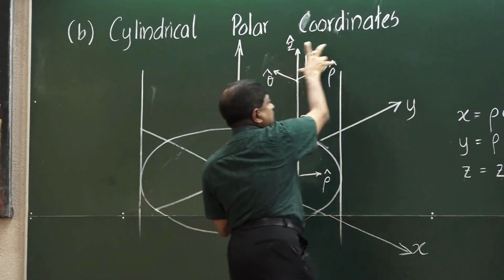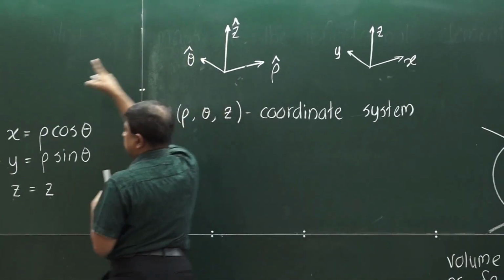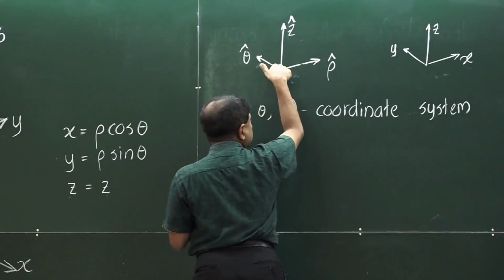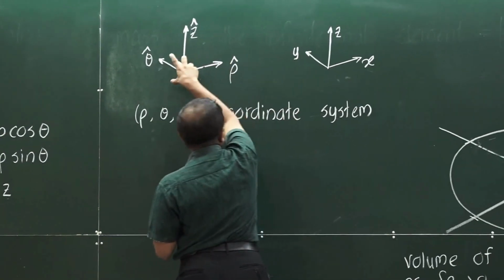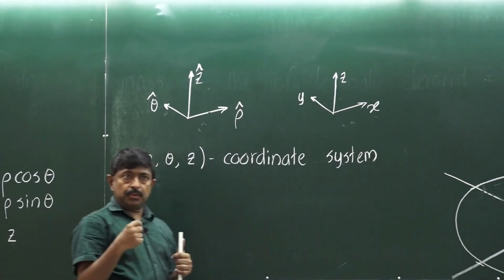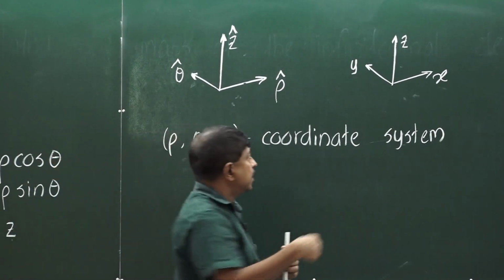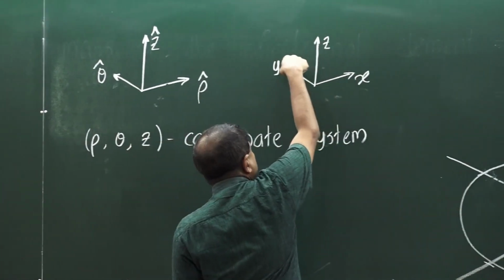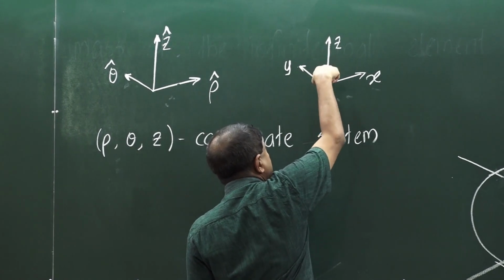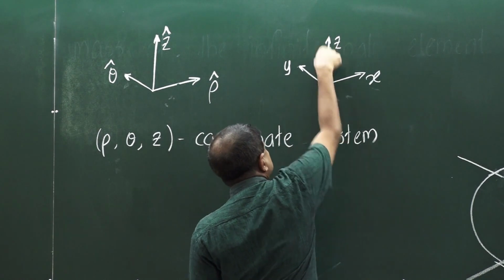Now, if you write the same diagram here, for the sake of clarity, let us write it again. Now, if you compare it with the XYZ system, this is how the right hand coordinate system works: from x to y, if you take a screwdriver and rotate in this direction, the handle moves in this way.